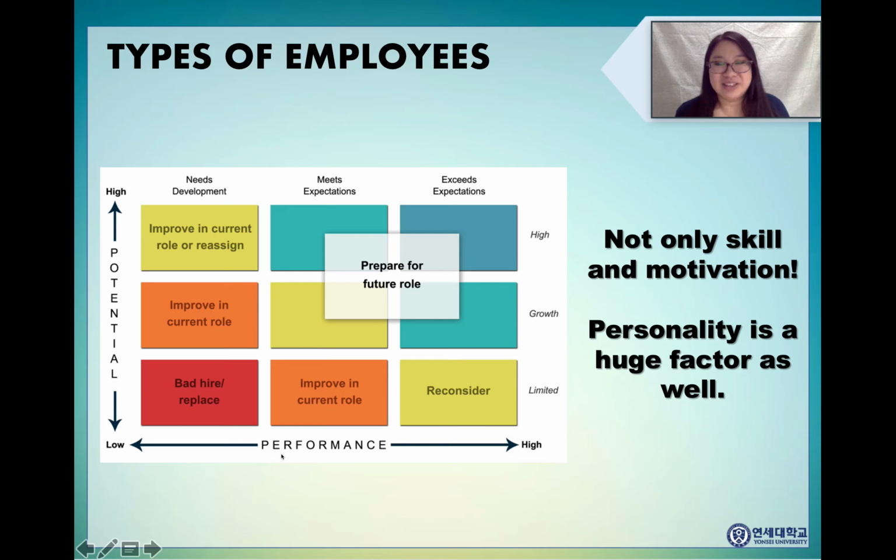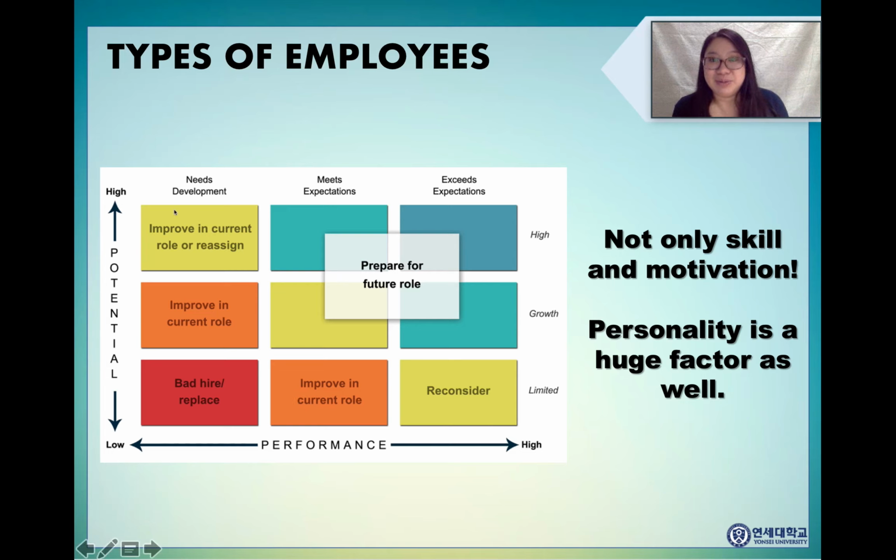Let's start at the worst part. If their performance level is really low and they have a very low level of potential, meaning they're not open to growth, they're just going to stay at the same level, then this is probably a bad hire, so we should replace this employee. If, however, they show some potential or that their skills are pretty good, we can try to focus on improving this employee, maybe through a coaching strategy.